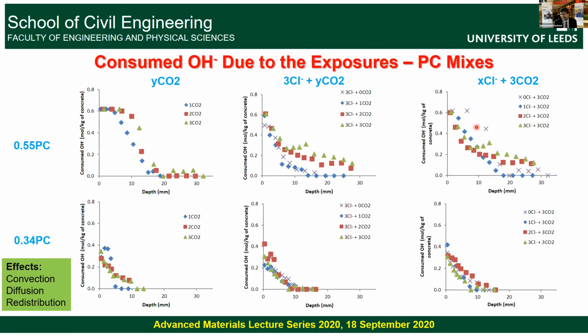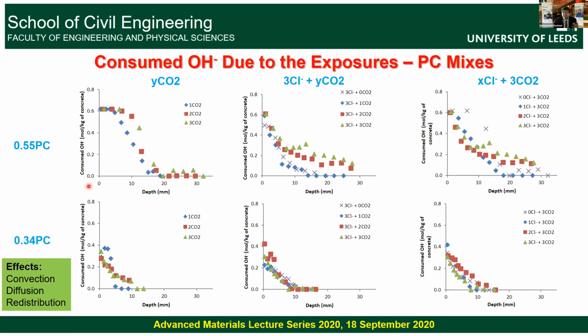And here it is different durations of chloride exposure first, followed by different durations of carbon dioxide exposure. Clearly, you're seeing a difference in the consumed calcium hydroxide content with depth. This is the surface and up to 30 millimeter depth. If you compare these three, very clearly, you're seeing 3 different profiles of hydroxyl consumption within the concrete.